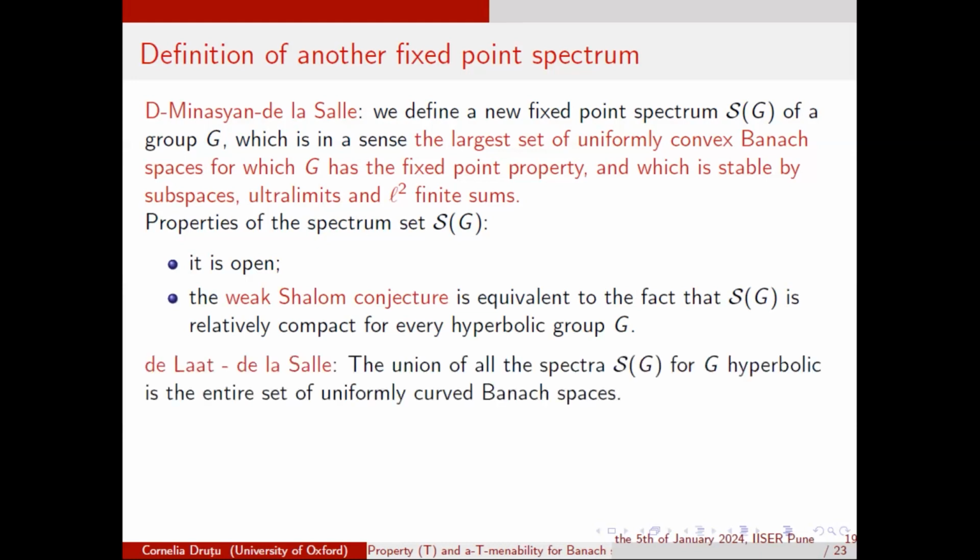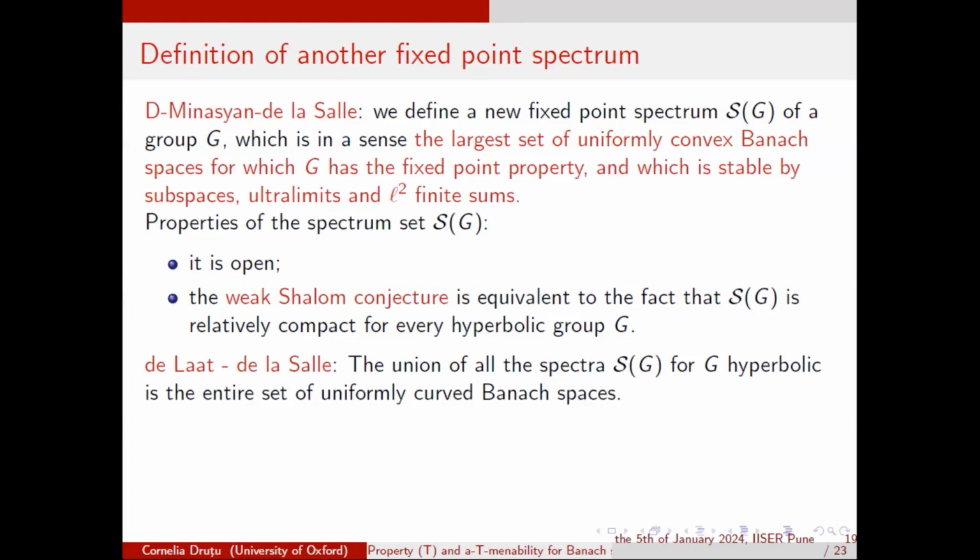And the previous results of de Laat and de la Salle can be used to show that if we take all the spectra for all the hyperbolic groups, this is going to cover the set of all the uniformly curved Banach spaces. This is a definition introduced by Gilles Pisier.